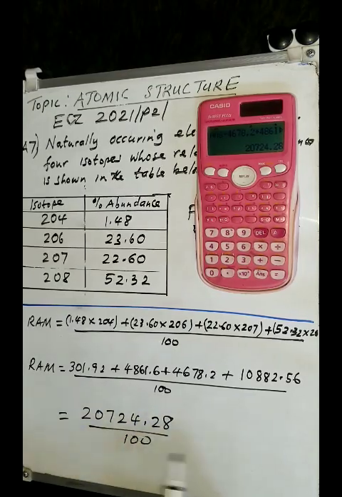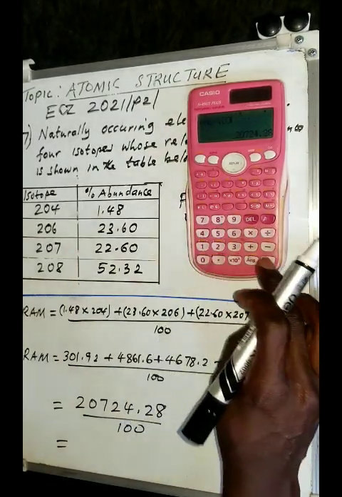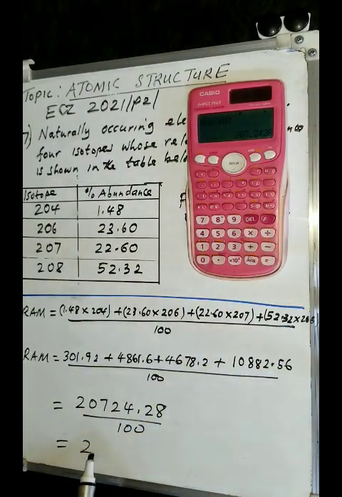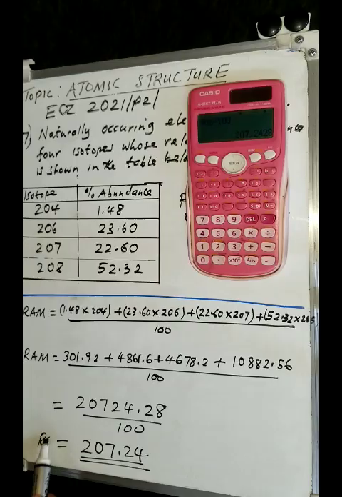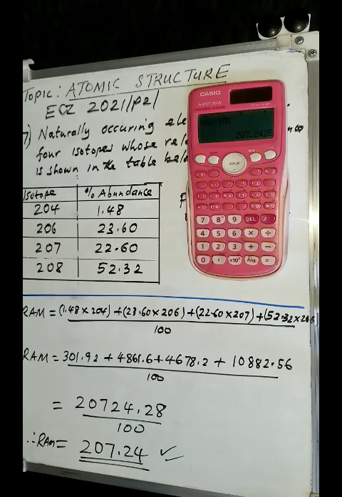Remember, divided by 100 there. So if you divide this by 100, you are going to find that it is going to give you 207.24. I'll just leave it to 2 decimal places. So this is the RAM of this element that they wanted us to get. So this is how simple you needed to have gone about it. So this was a multiple choice.